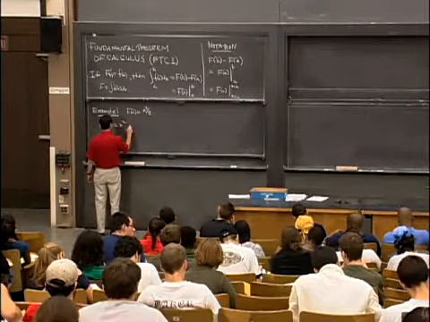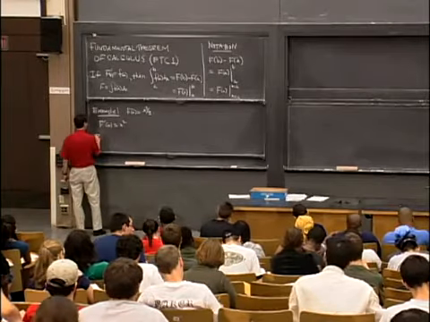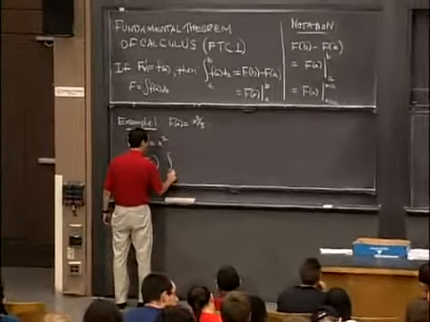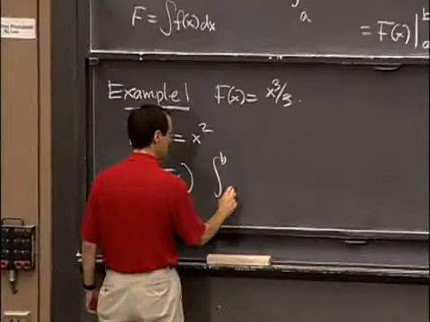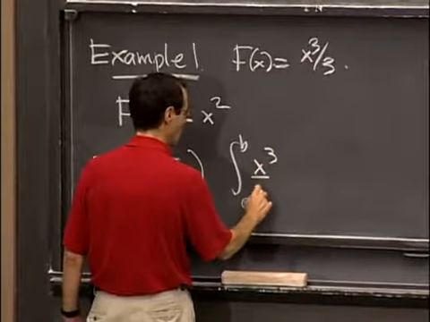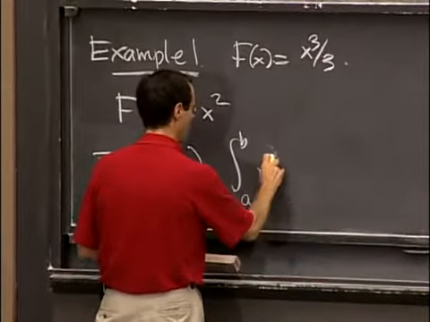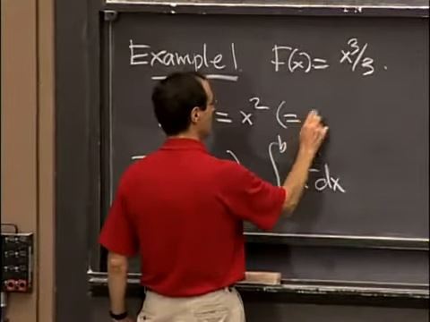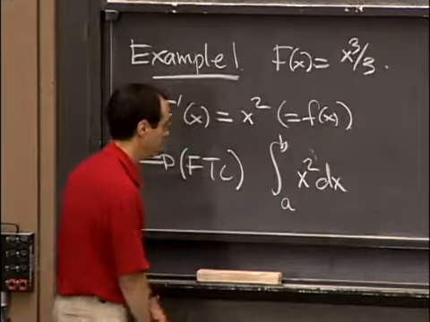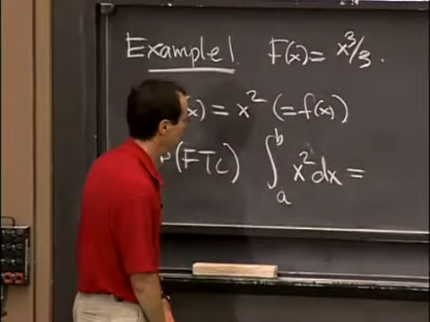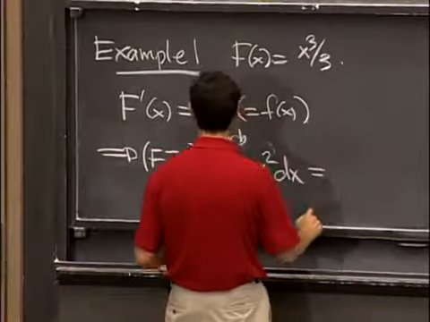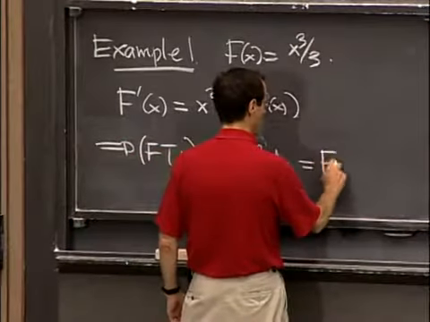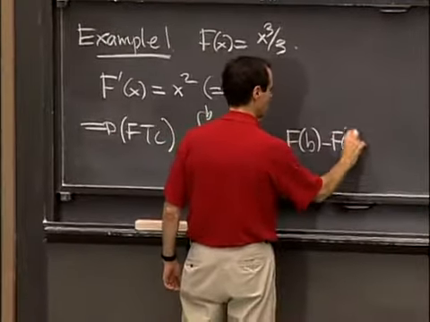And so by the fundamental theorem, the integral from, say, a to b of x squared dx, where x squared is the function we're using as little f of x, is equal to F of b minus F of a.